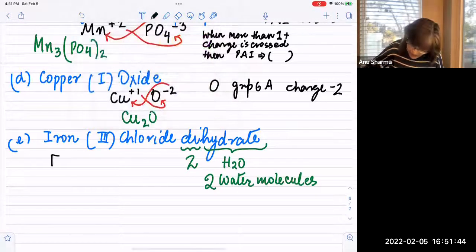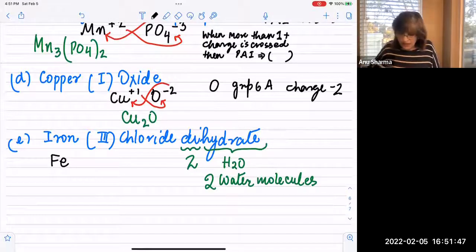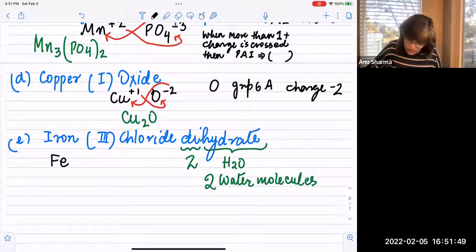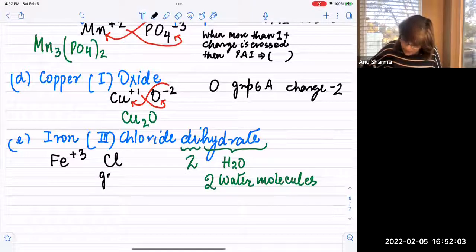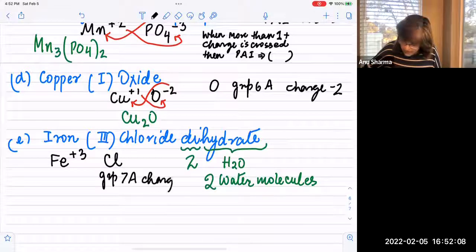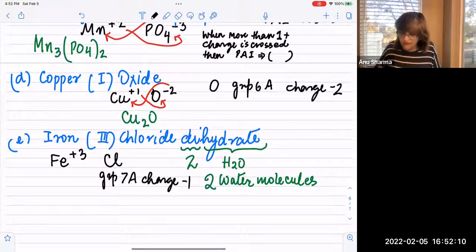Iron is Fe, and 3 means it has +3 charge. Chlorine is Cl, in group 7A, and the charge on chloride is -1.